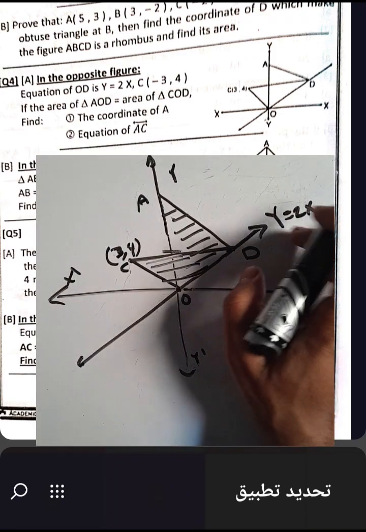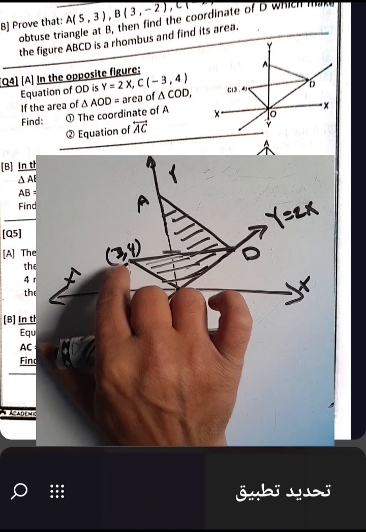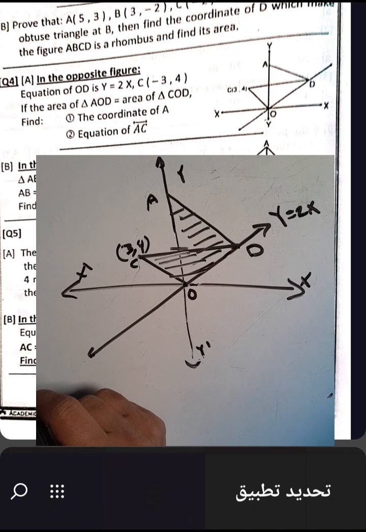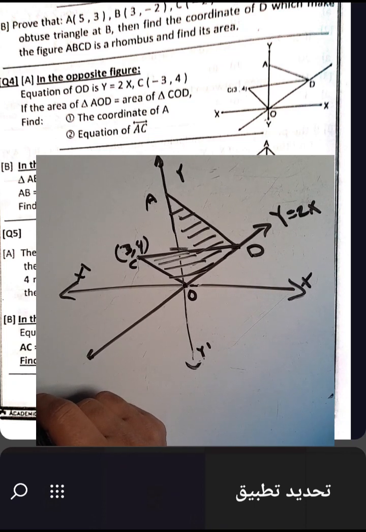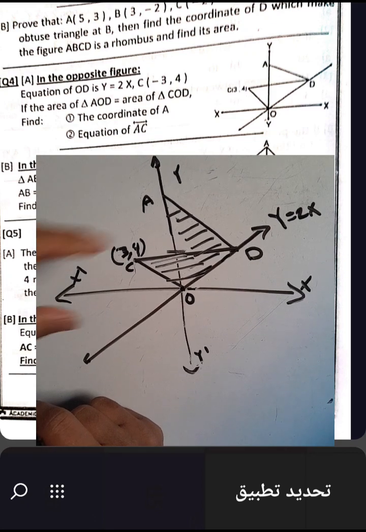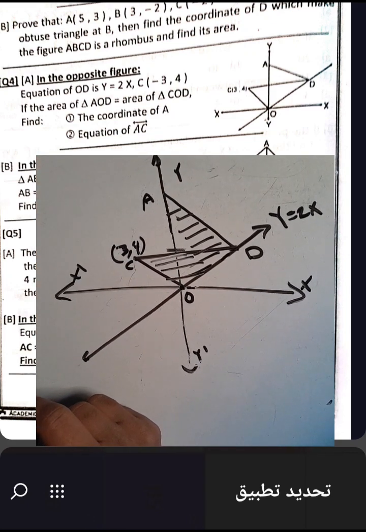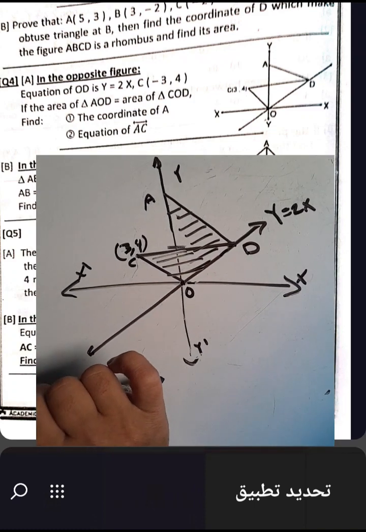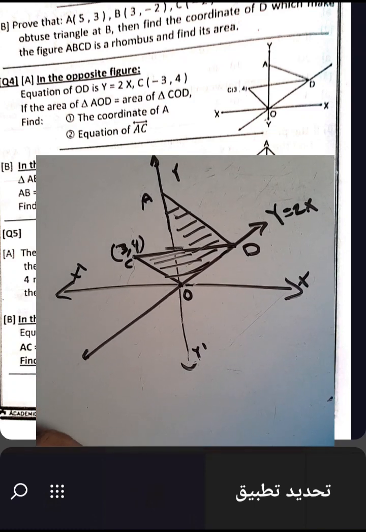We have y equals 2x, and this point is 3 and 4. Okay, we have two triangles equal in area. We know the area equals half times the base times the height.